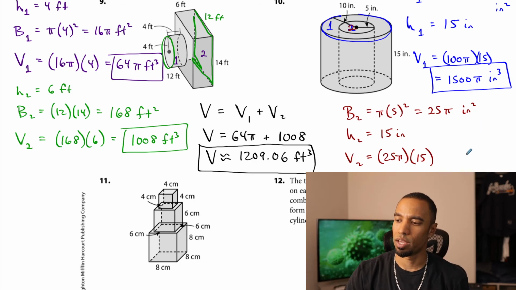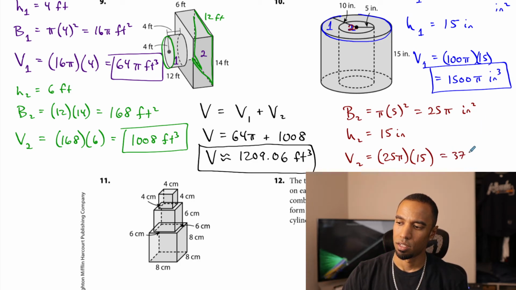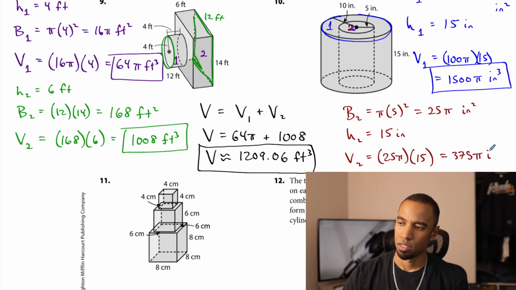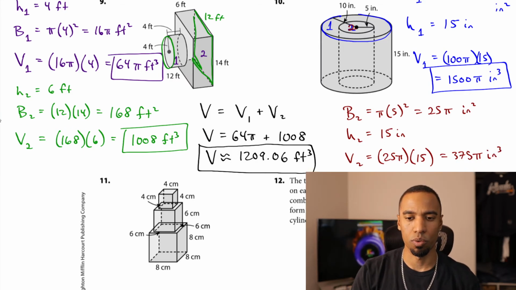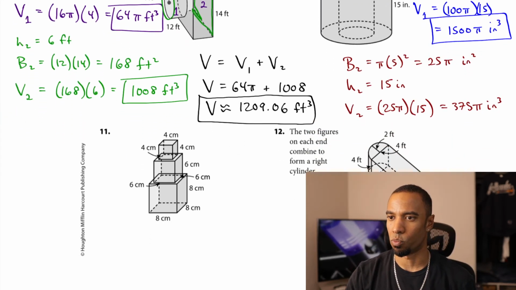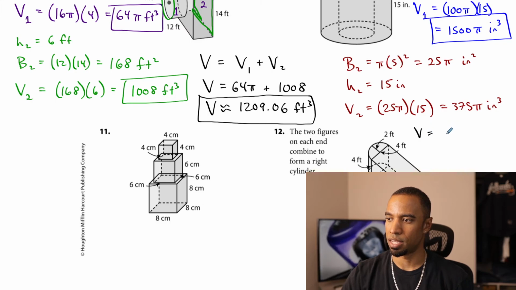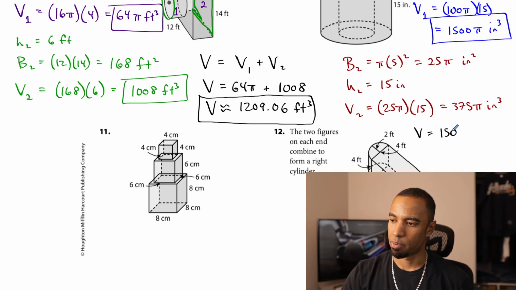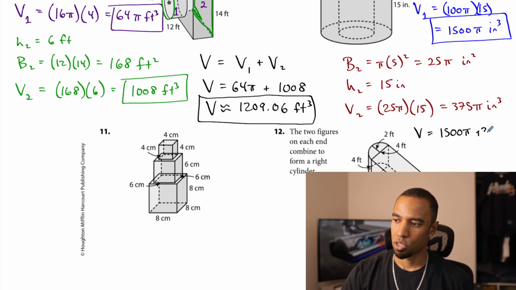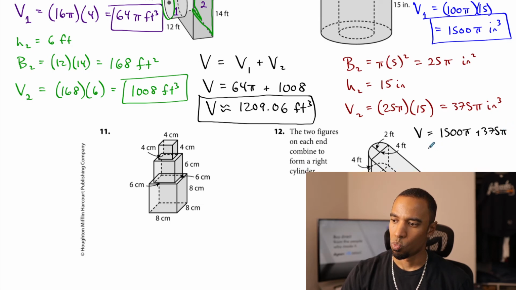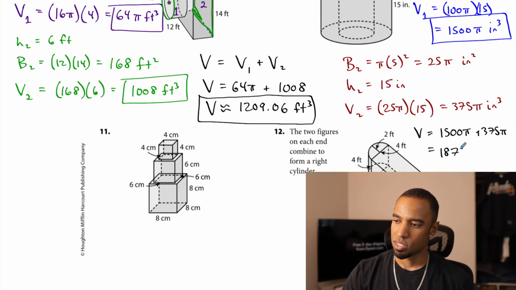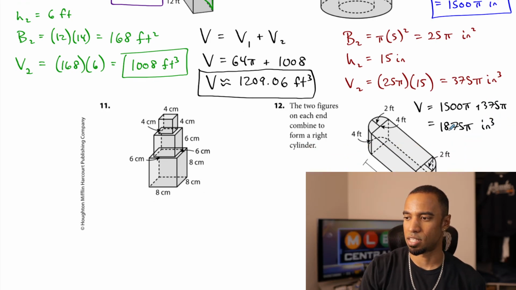So 375 pi cubic inches. I don't have much room for the last part of this, but the volume of the entire thing is 1,500 pi plus 375 pi, which is 1,875 pi cubic inches. That's an exact answer.